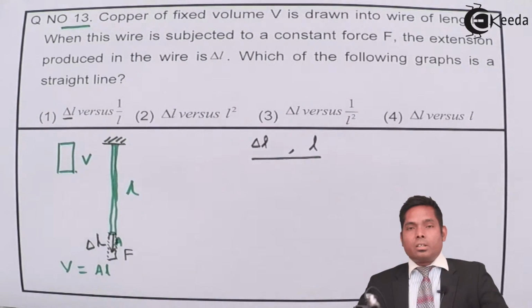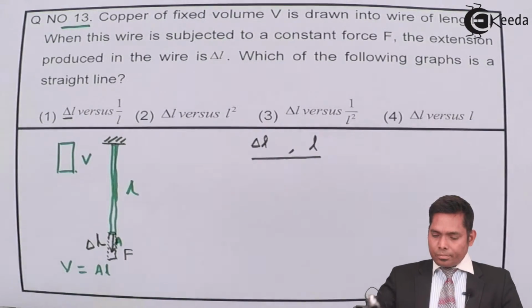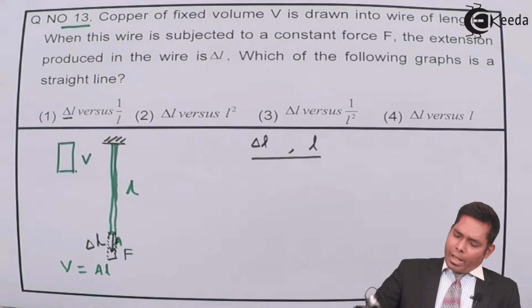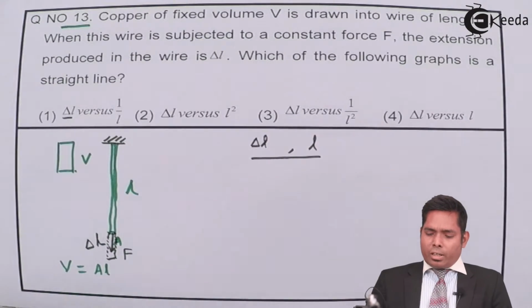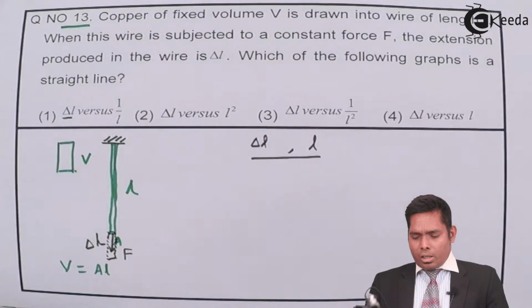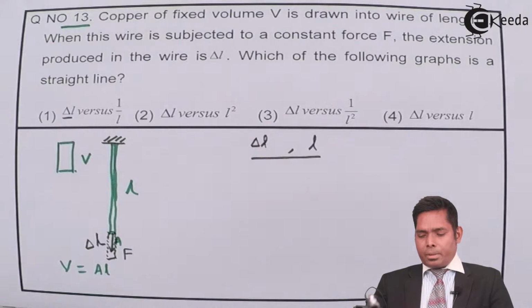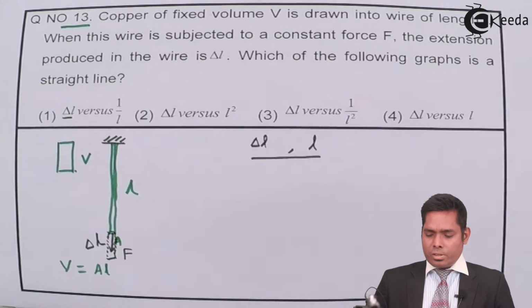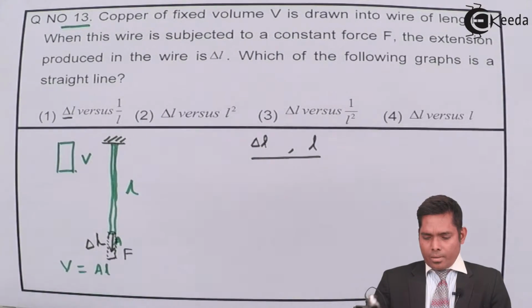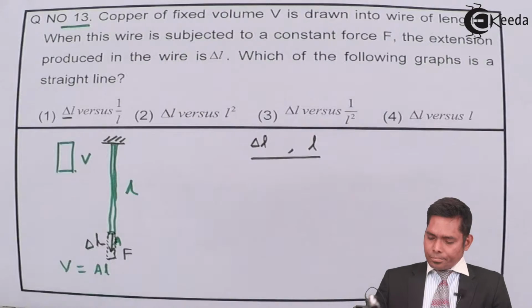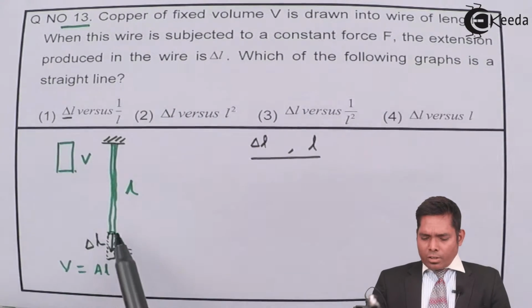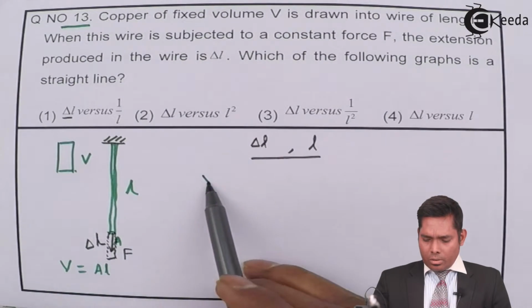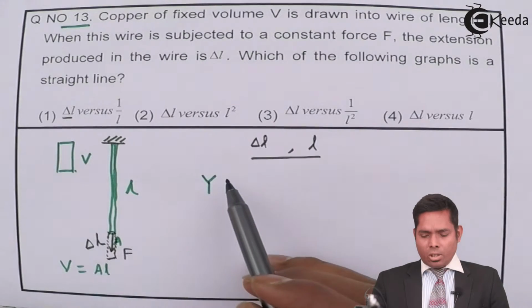That must be very, very clear to you. So I want to write the expression for delta L and see how this delta L appears in terms of L or L square, or it might be 1 over L square. I'll first write Young's modulus of elasticity.